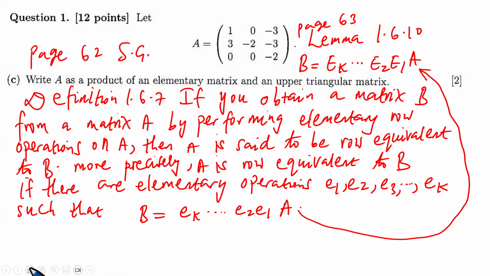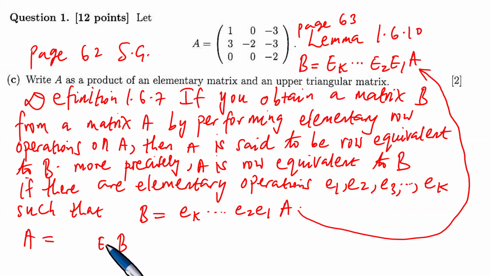If you solve for A, you're going to have B, and then you multiply on the left by EK inverse.